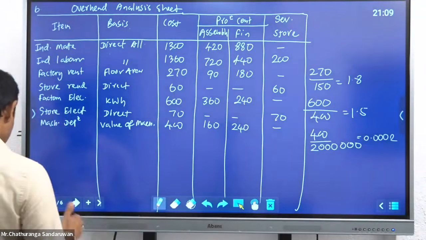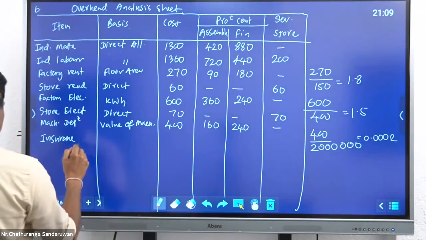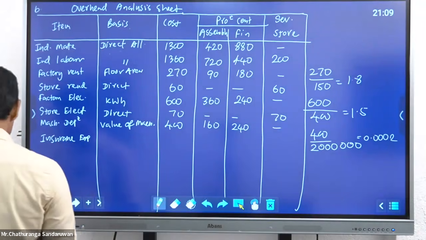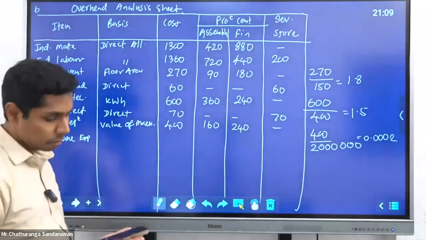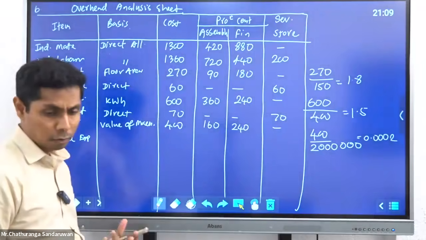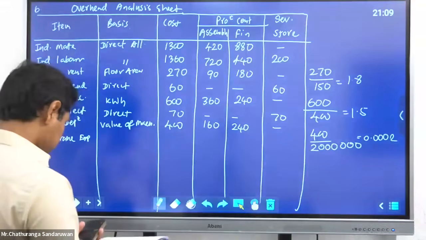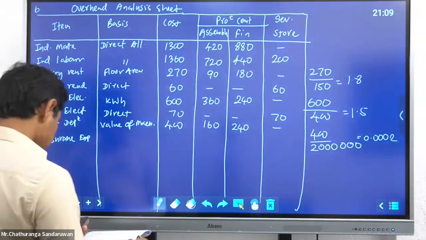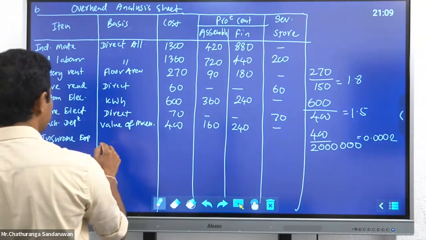And then insurance expense. They don't say that is insurance expense of employee, something like that. So we have to assume the insurance expense of the factory. So we have to take the floor area, right?